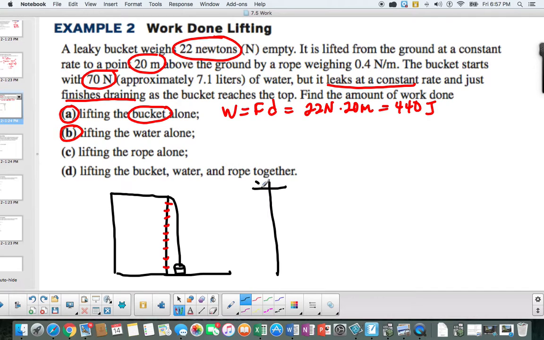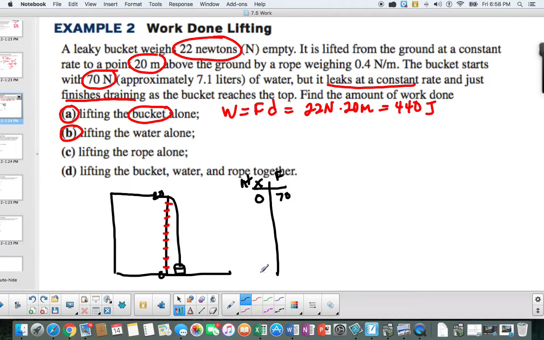So I'll call x the position of the bucket, and that'll be the height. And then I need to figure out force. And so over here I'll call 0, and up here I'll call 20. So at position 0, we're going to have the full water, which is 70 newtons.